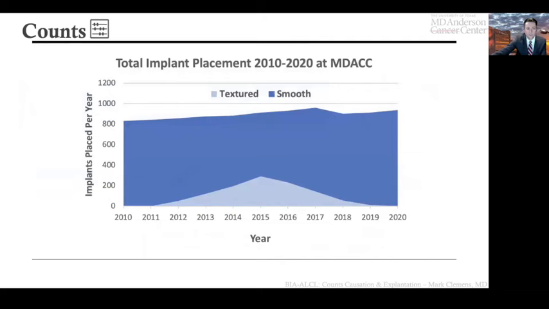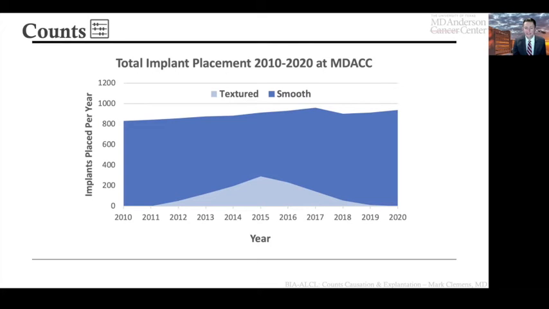Because of this, we have noticed a shift in breast implant usage in the United States. This is the data from MD Anderson demonstrating that textured implants did gain in popularity about 6 years ago. They were approved in the United States in 2011.